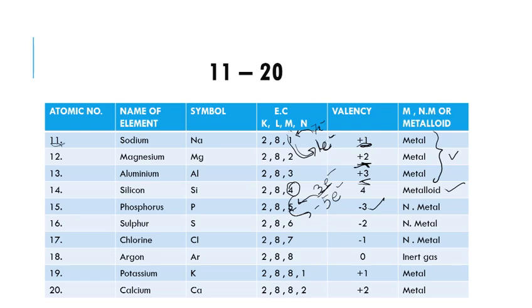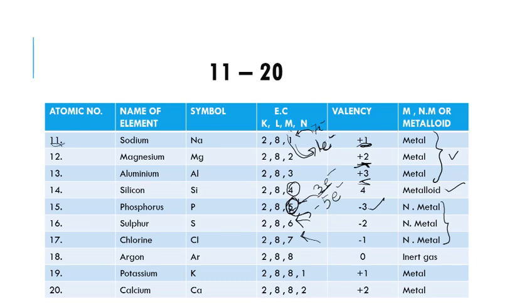Because by gaining 3 electrons, this outermost shell will have how many electrons? 8. 8 electrons are required for an atom to be stable. That is why these will gain electrons and hence these are all non-metals.